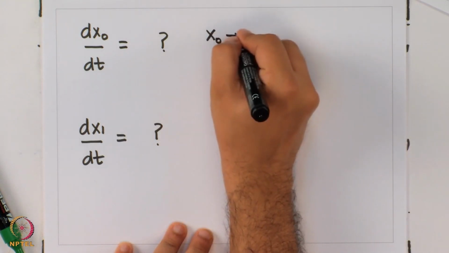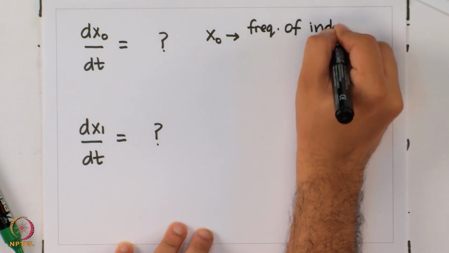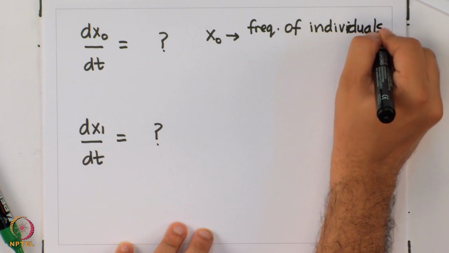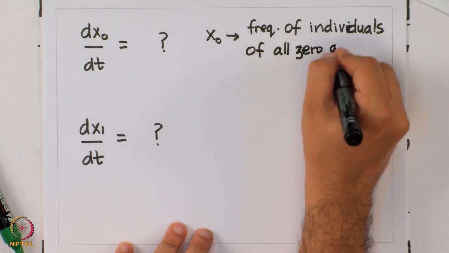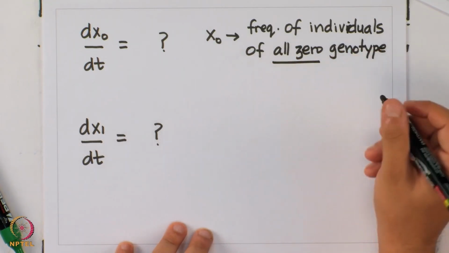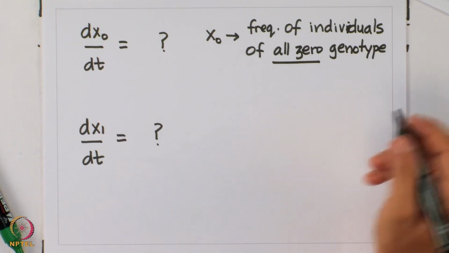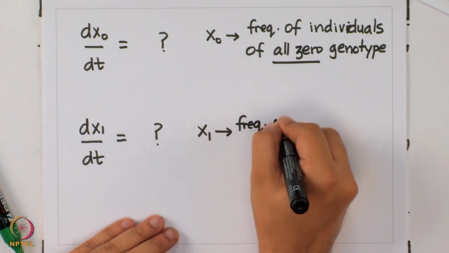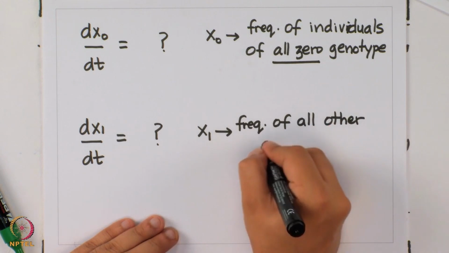X naught is the frequency of individuals of all 0 genotype, which means what fraction of the population belongs to the fittest genotype which is growing at rate f naught, and x1 is the frequency of all other genotypes.